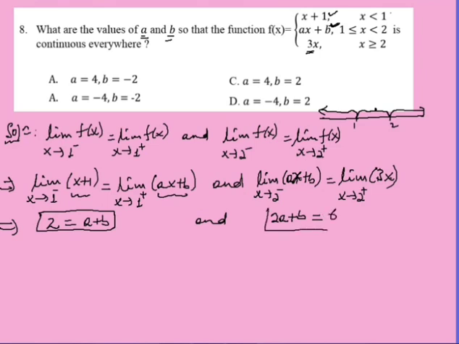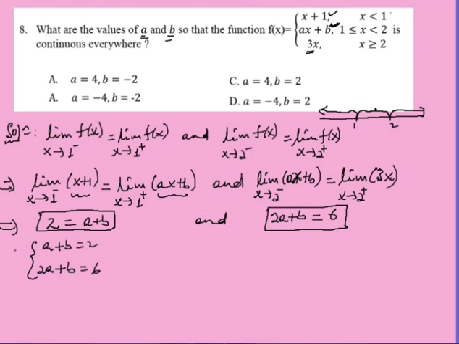We have another equation with 2 unknowns. So we can solve this using simultaneous equations: a plus b is 2 and 2a plus b is 6.